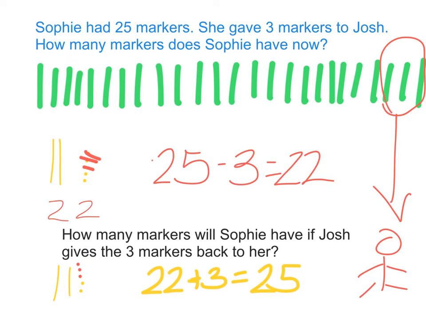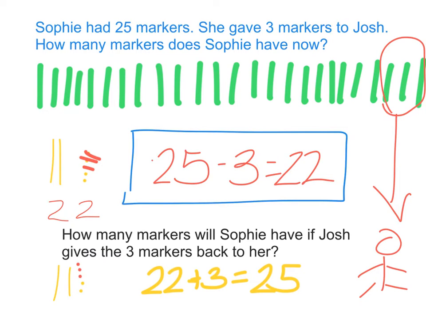Now I'd like you to take a look at these two problems. So for the first problem, we had 25 minus 3 equals 22. When Josh gave back the markers, our equation came out to 22 plus 3 equals 25. Notice that these two sentences are related because they're using the same numbers.